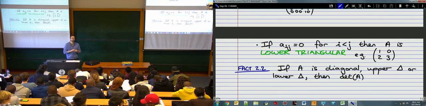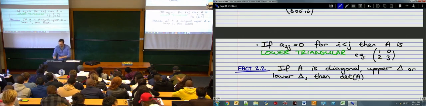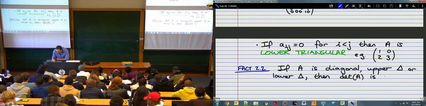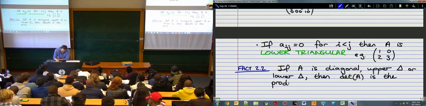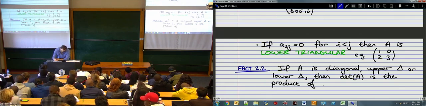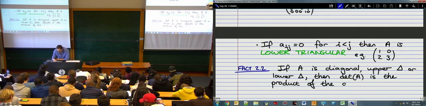The determinant of A is simply the product of the diagonal entries of that matrix.